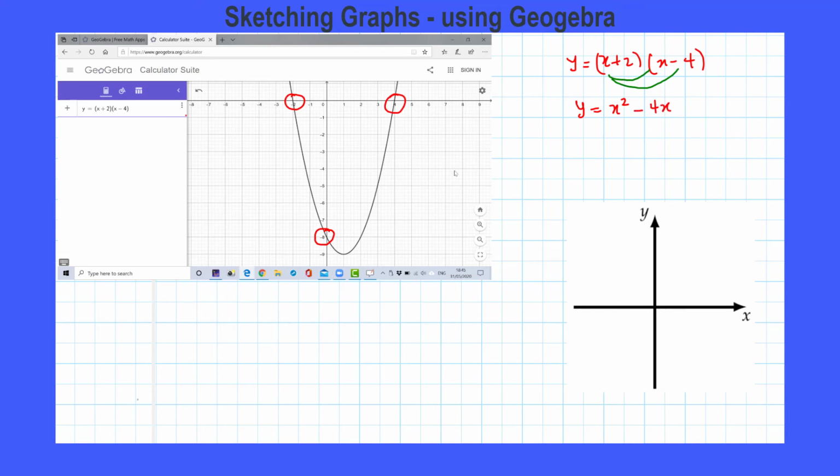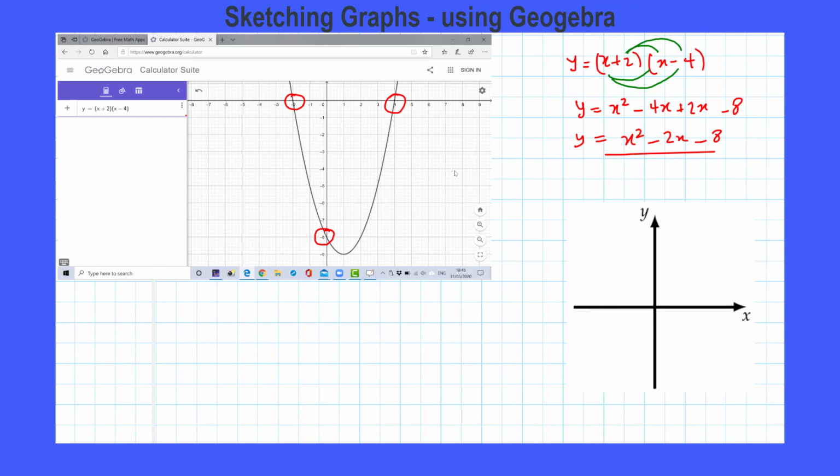Then I'm going to do 2 times x, so it's plus 2x. And then I'm going to do 2 times negative 4, which is negative 8. And then I'm going to simplify it. So that gives me y equals x squared, take away 2x, take away 8.